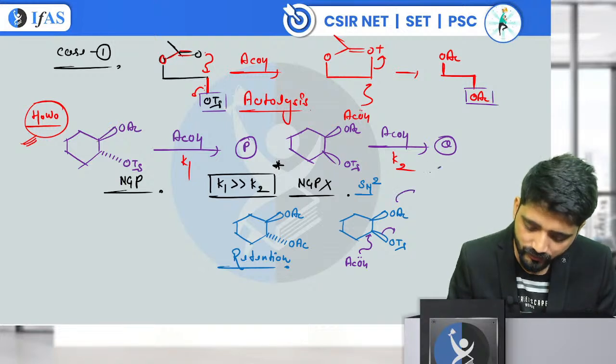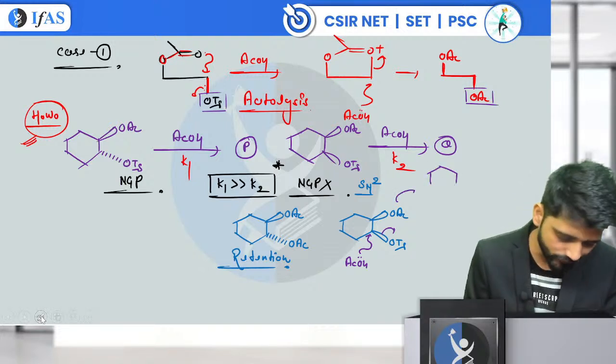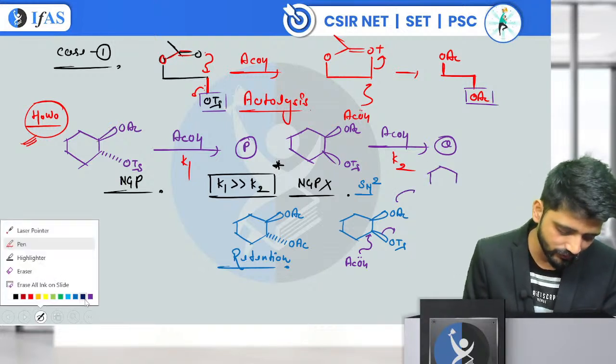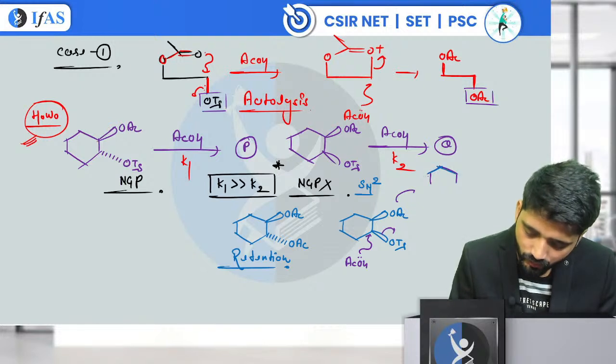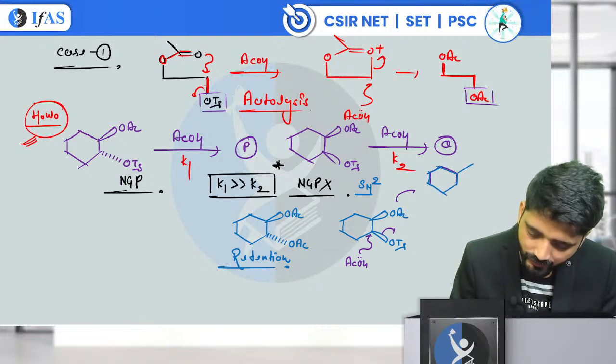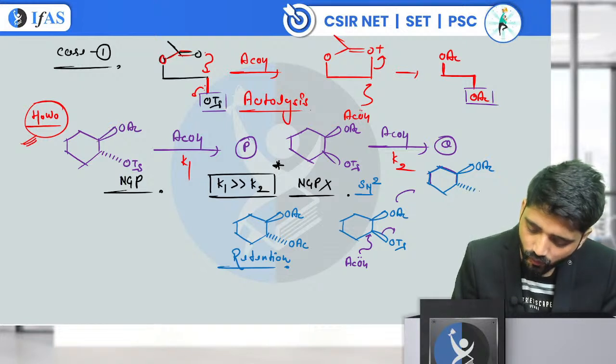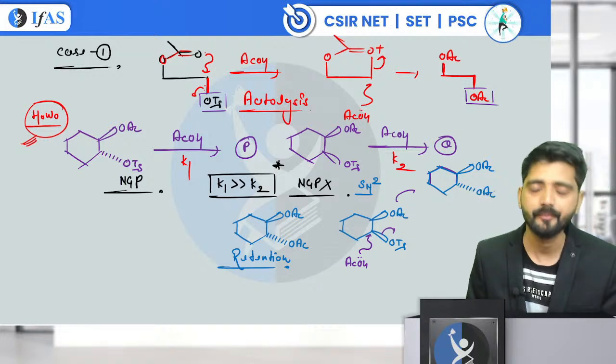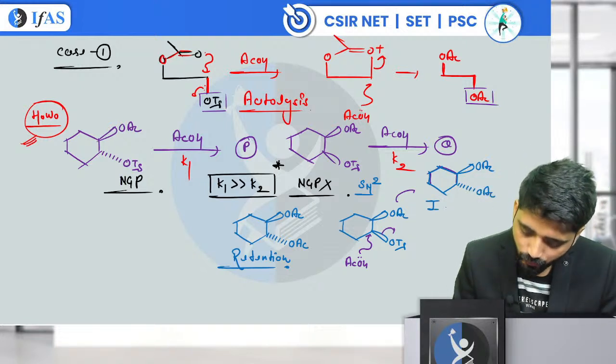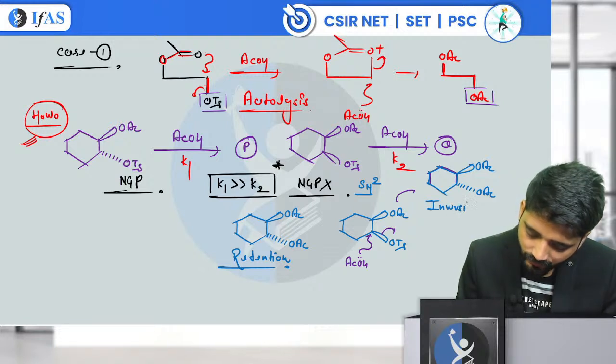So, the product is going to be of inversion because in an SN2 reaction, inversion always takes place. So, what we observe is a 6-membered ring, OAc that is above the plane and OAc that is below the plane. And of course, this product is of inversion.